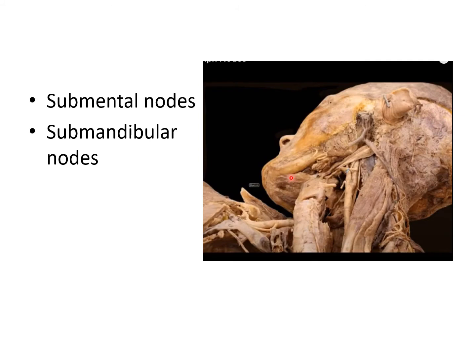So in this dissection picture, this is the base of the mandible, this is the anterior belly of digastric, this is the posterior belly of digastric, and here we can see the submental triangle, and we can see that a few lymph nodes are there. They are 3 to 4 in number.